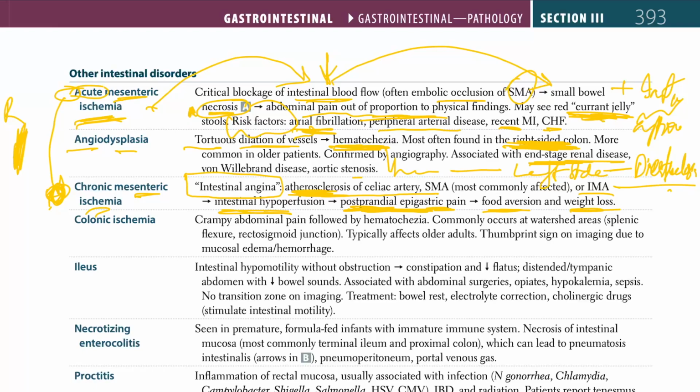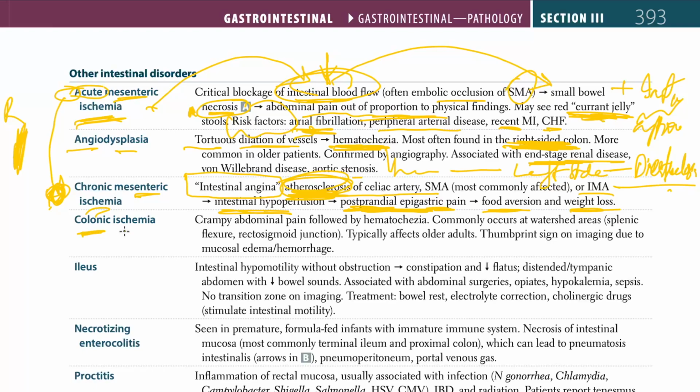Why? Because at that time you need more oxygen, which you cannot give because the arteries are atherosclerosed. So you have pain when you eat, angina of the intestine. But over there, you have a full block. You don't get the blood. So that's the difference.